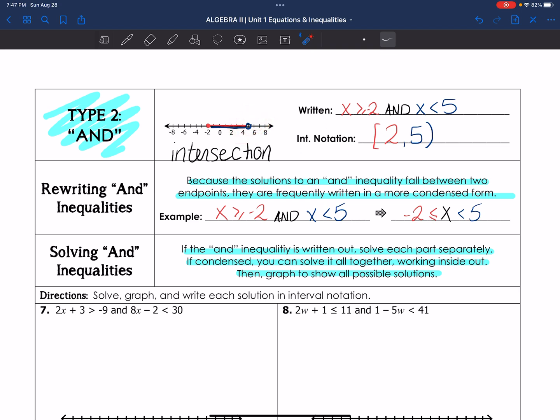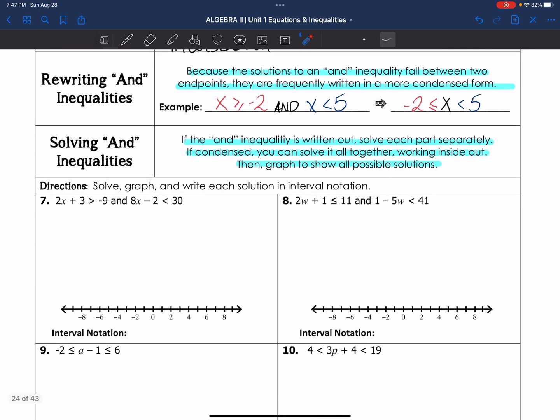So a lot of times these and inequalities are joined like this with x between those values instead of writing out two separate ones joined with the word and. So if you see an and inequality written out like we have here in this first example, you can just solve the two parts separately and then graph it.